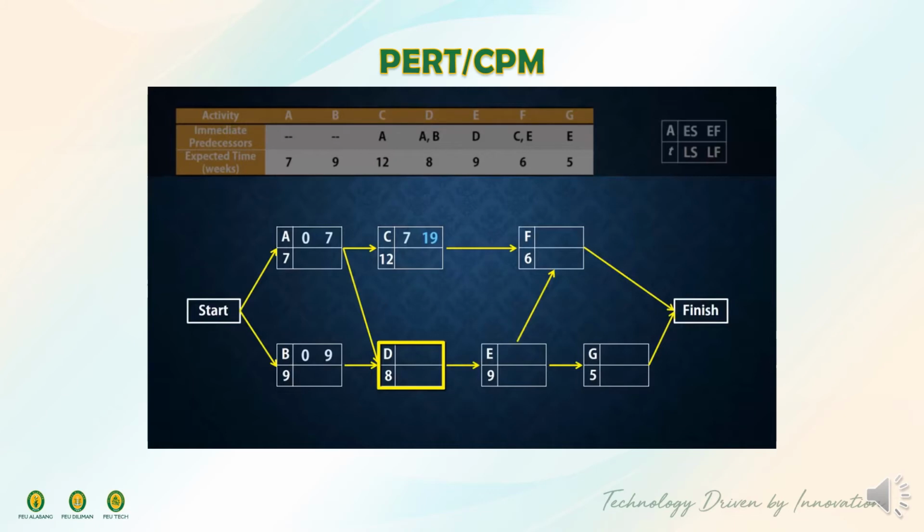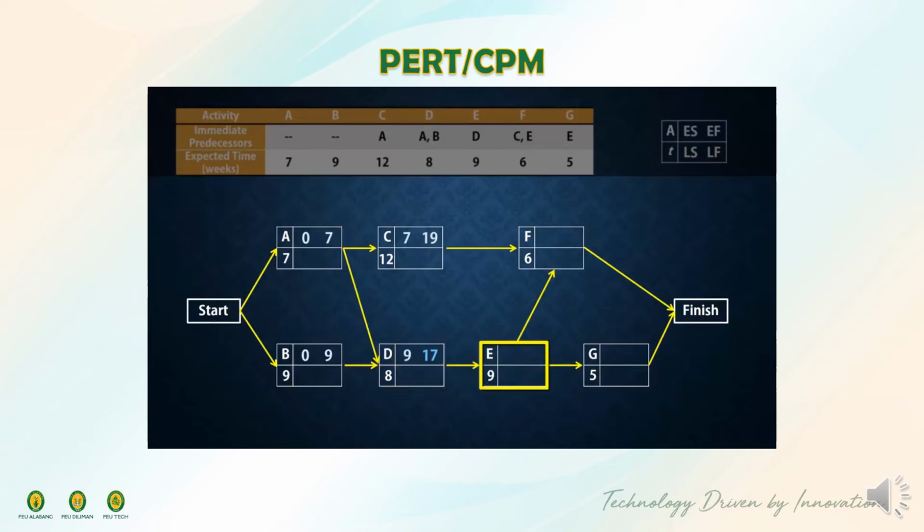Since the earliest finish times for A and B are 7 and 9 respectively, and D needs both of them to finish in order to start, then the earliest time D can start is 9. In other words, the highest of the earliest finish times preceding an activity will be the activity's earliest start time. So D finishes at 8 plus 9, which gives 17.